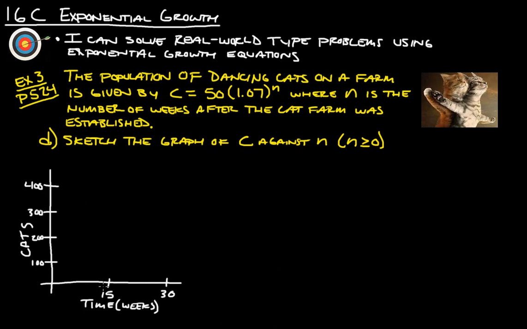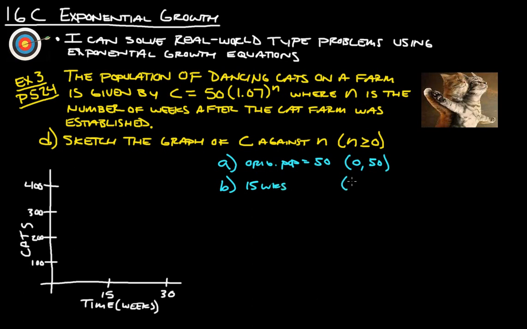Okay, so now we want to graph some points. We actually have 3 data points from our other pieces. From part A, the original population was 50, so time was 0 and the population was 50. From part B, we want to know how many there were at 15 weeks.